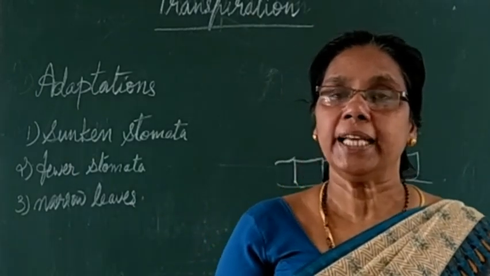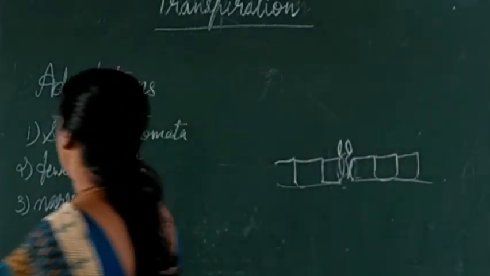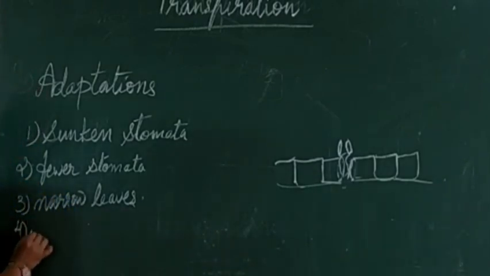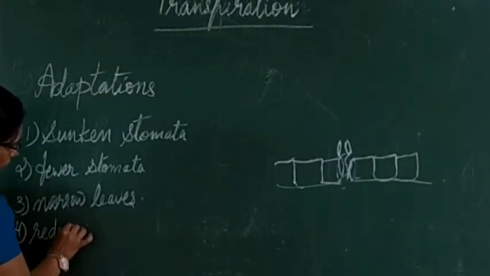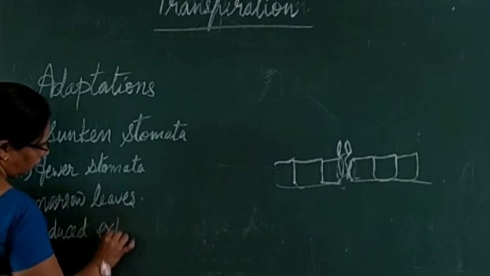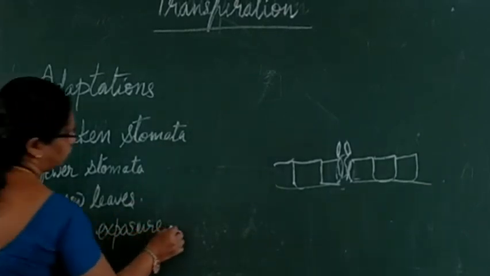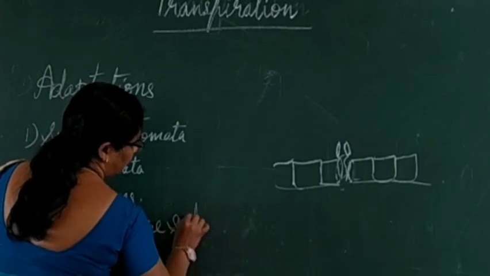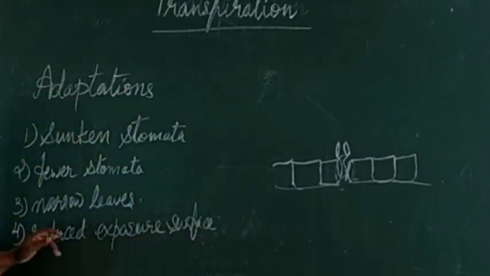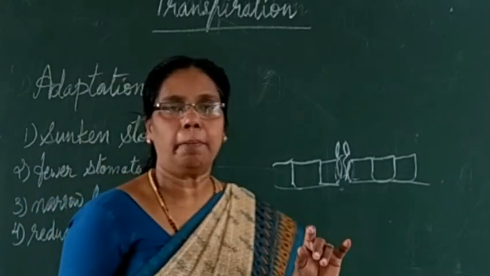Then reduced exposure surface. Fourth one is reduced exposure surface. So what will happen?